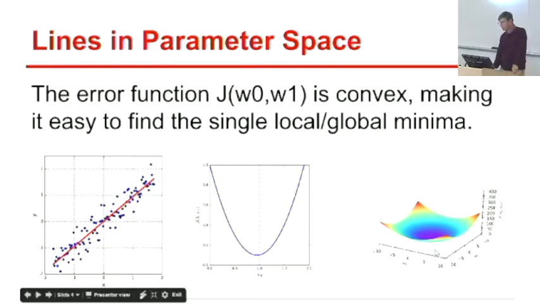Recognize that a point on this surface is not an input point. A point on this surface is a point in coefficient space. Does everybody see here that the points in the example data are in example space, x, y space? The points here are in coefficient space.